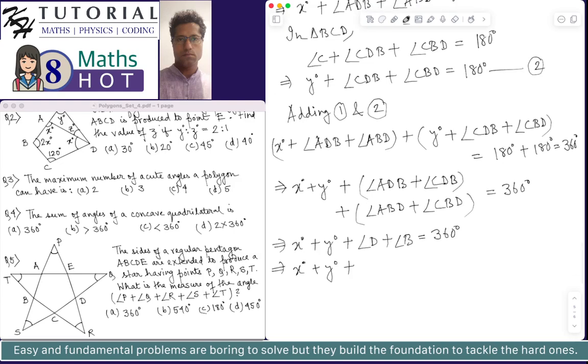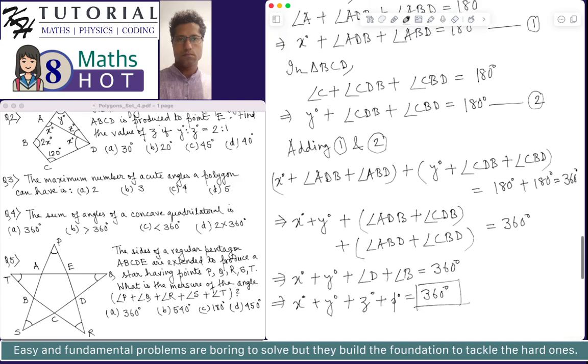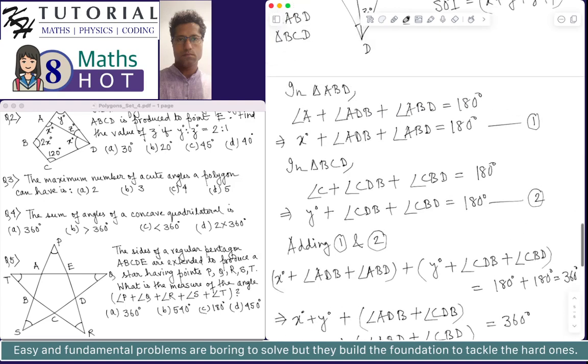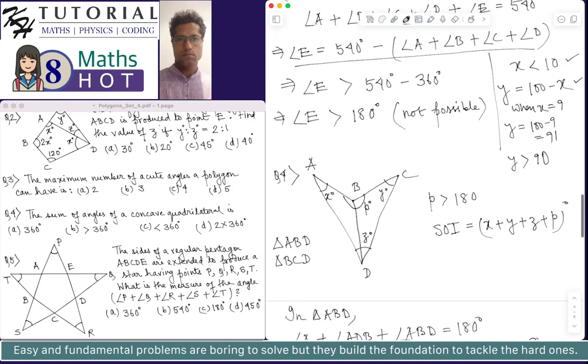So essentially the sum of the interior angles is equal to 360 degree. So obviously we can see that the sum of the interior angles of a concave quadrilateral is 360 degree. So the correct choice is A.